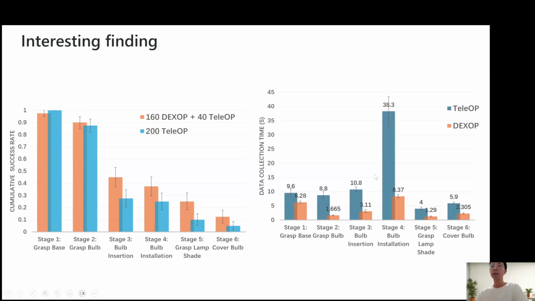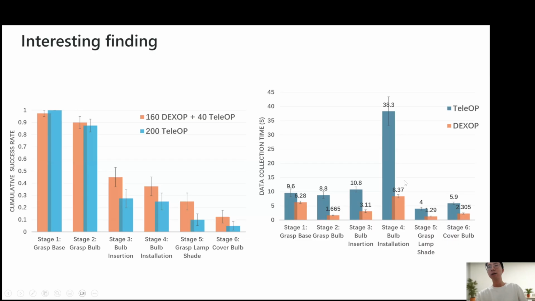For teleoperation data, because the human doesn't have any haptic feedback, it's hard for the teleoperator to tell if the bulb is tightened. In that case, the teleoperator would tend to over rotate or over screw the bulb, so they actually spend a lot of time here, like 38 seconds for this stage.